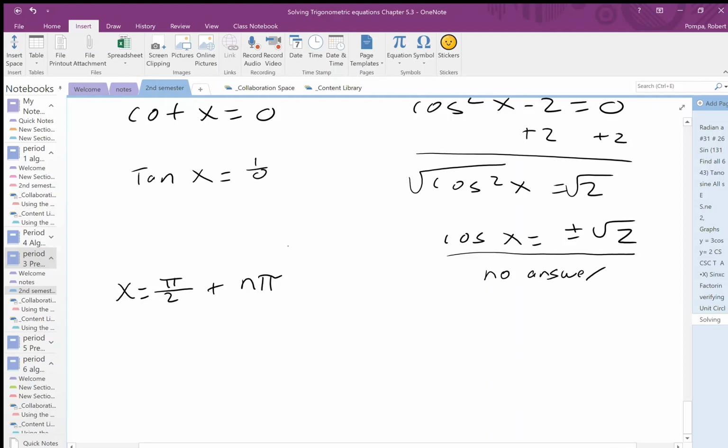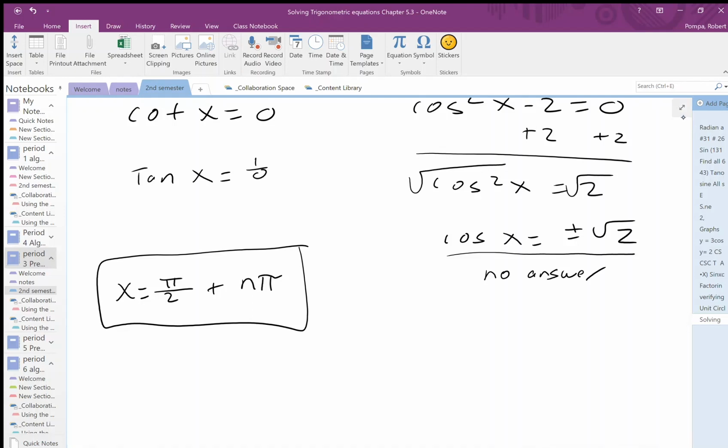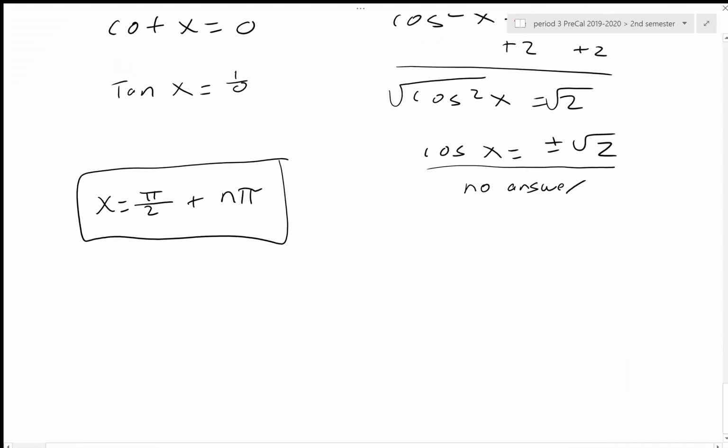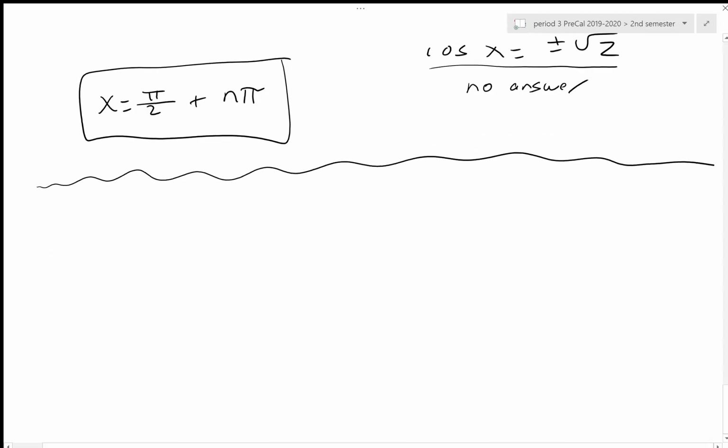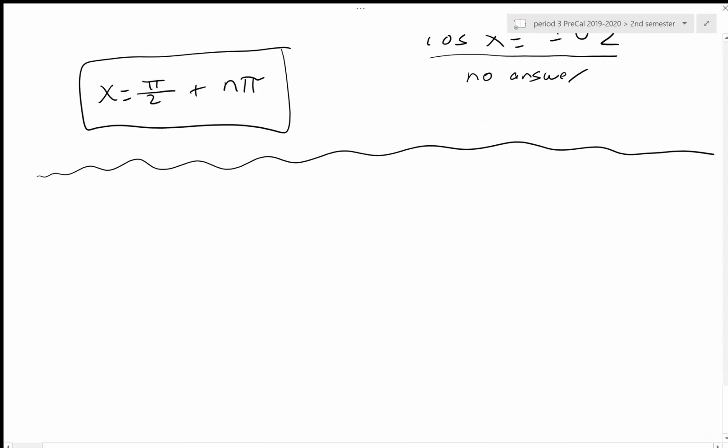So all that means is that's our answer. Okay. Again, if you're confused, rewind it, look at this example again, take a look at it. All right. Other than that, let's try a different one.